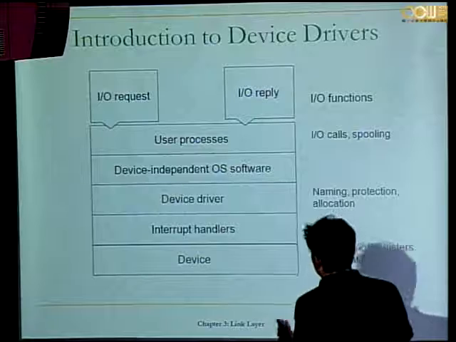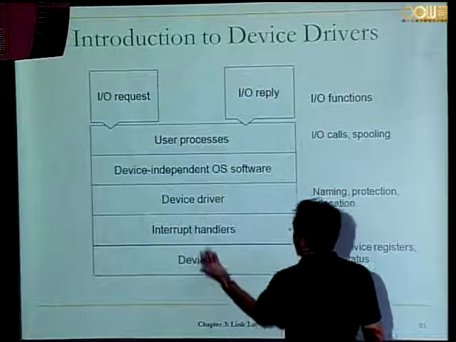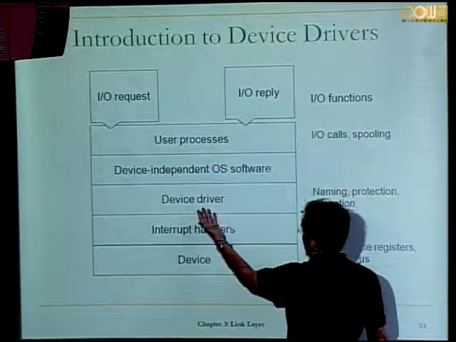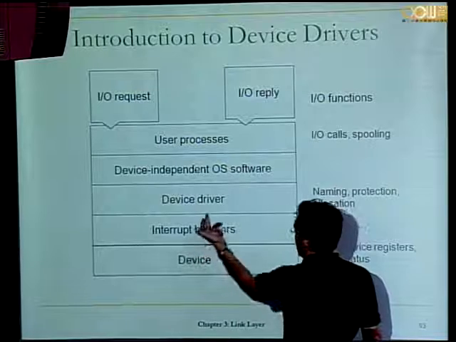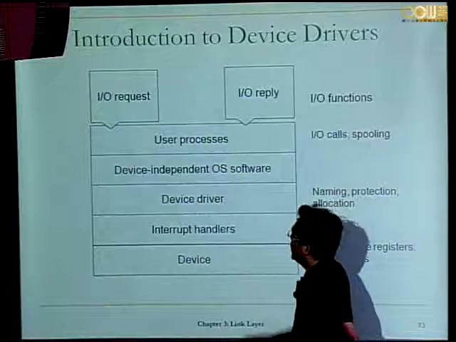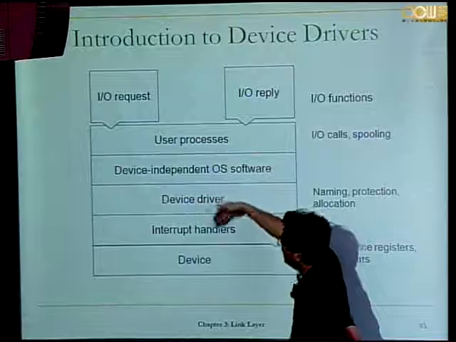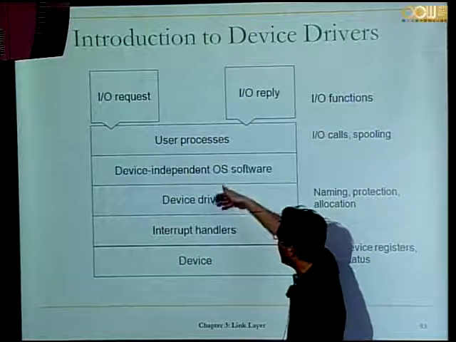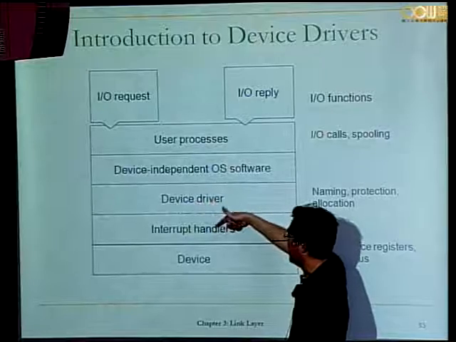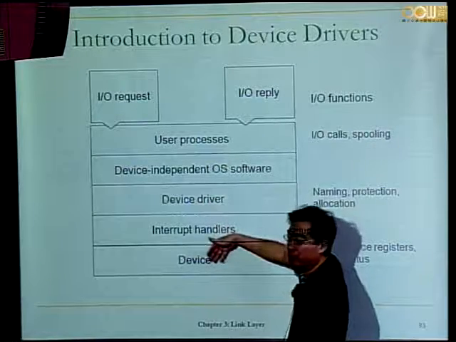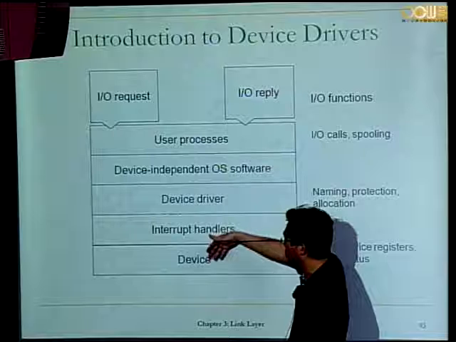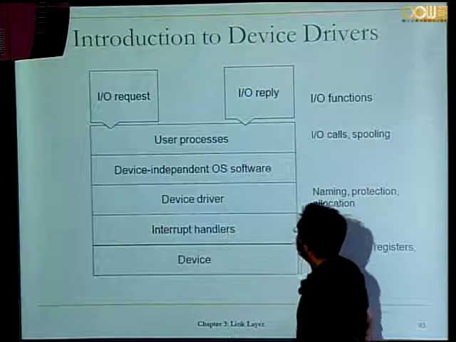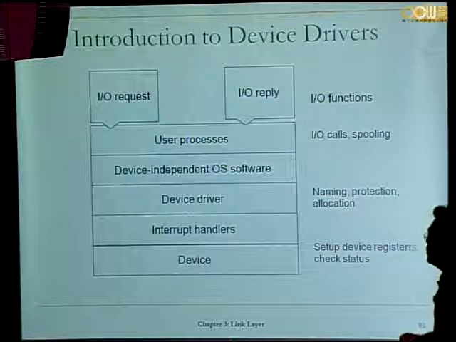So for this direction, for hardware to tell something to the driver, it would need to go through the interrupt handler. But for this direction, for the driver to program the hardware, it would not go through the interrupt handler. It would just program the hardware directly, program the registers directly. So that's the difference.